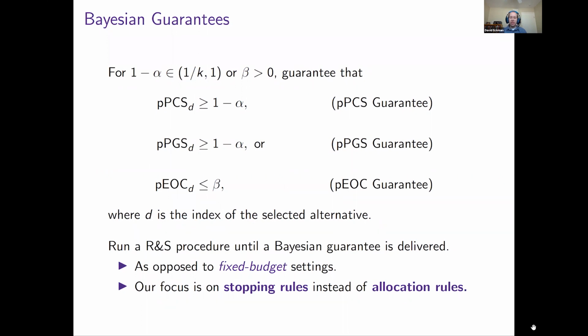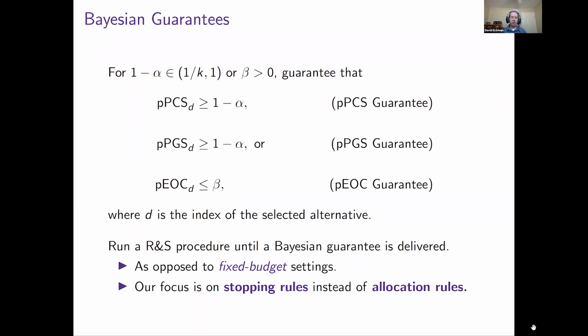And I should say that this is in contrast to most of the literature in the Bayesian space, which typically assumes a fixed budget setting. So there, I'm fixing the number of replications or this total sample size, and I'm going to hope to sample in a way that's either maximizing the posterior PCS, posterior PGS, or minimizing the EOC within that budget.